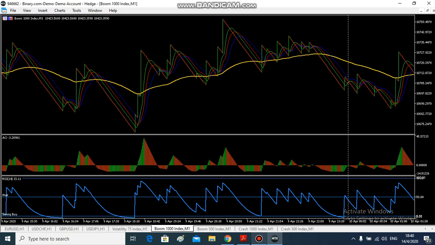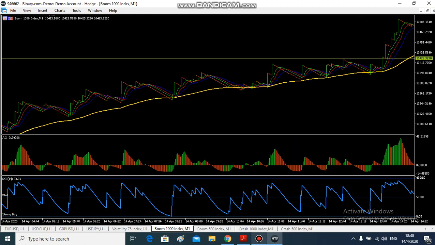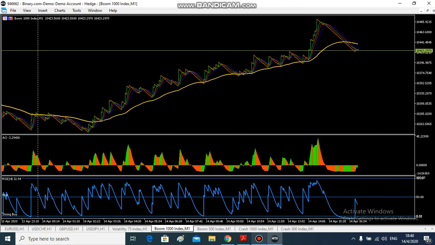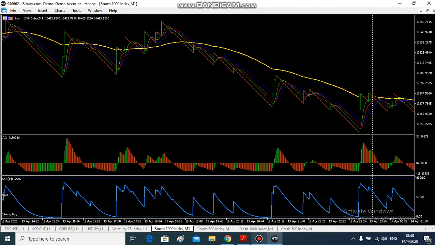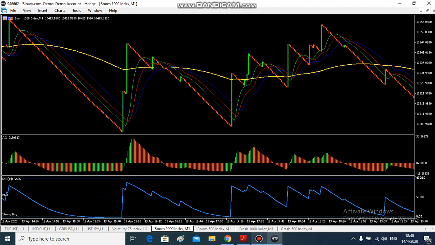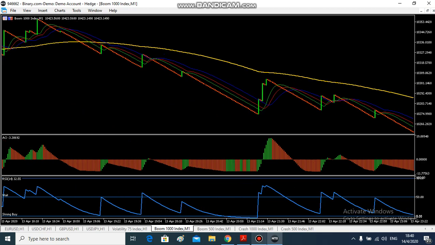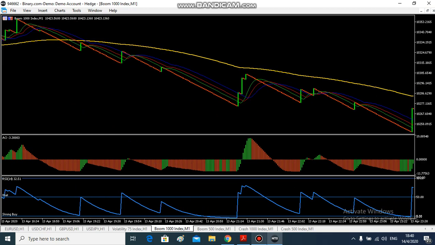Let me focus on this area. Market is selling here. The reason why we're scalping is that when we're trading Boom, our spikes usually go up. So when we're in a downtrend, we're going to have more volatility on the downside.